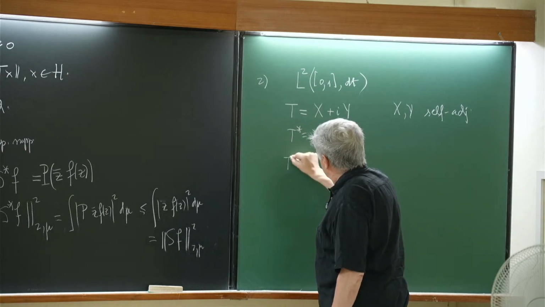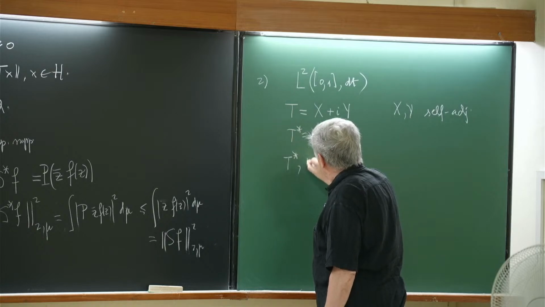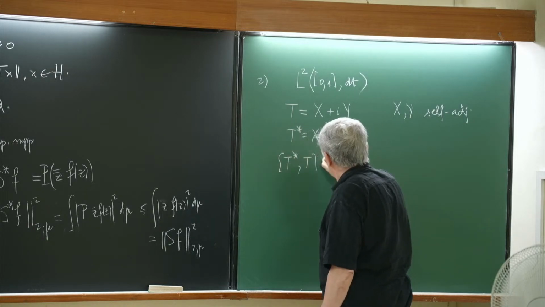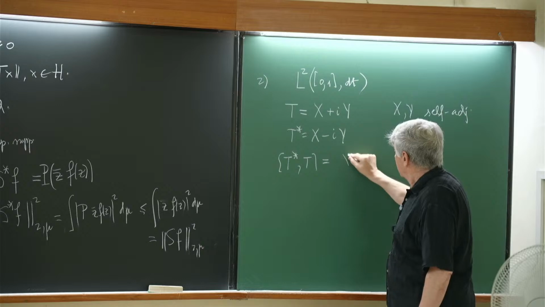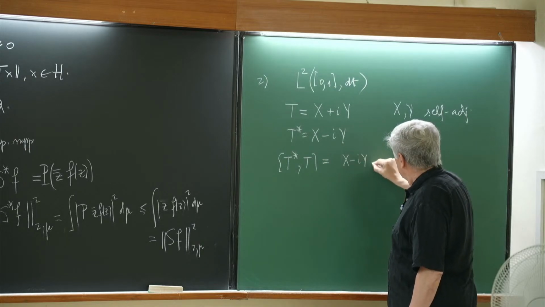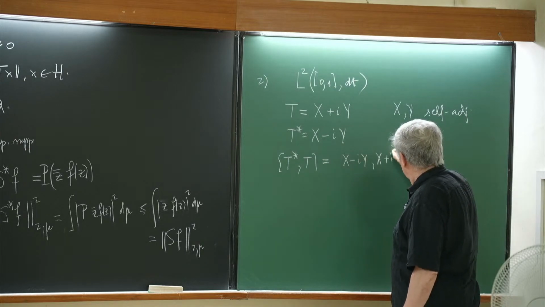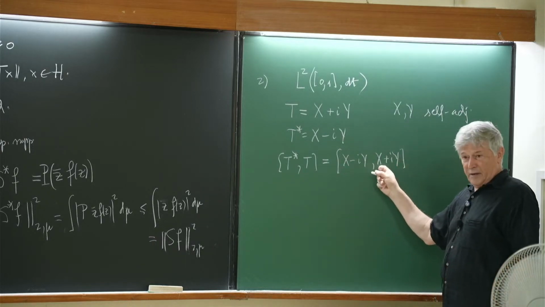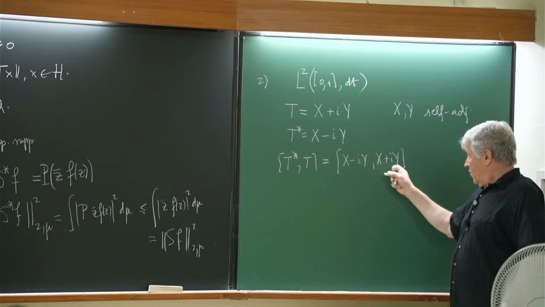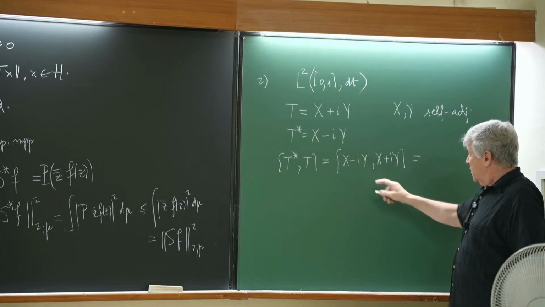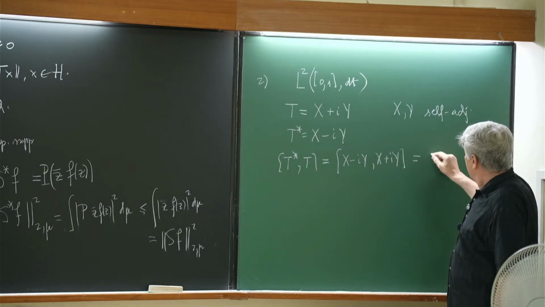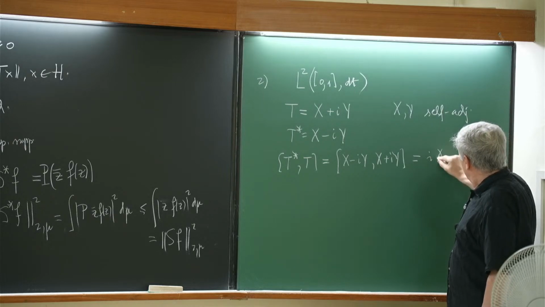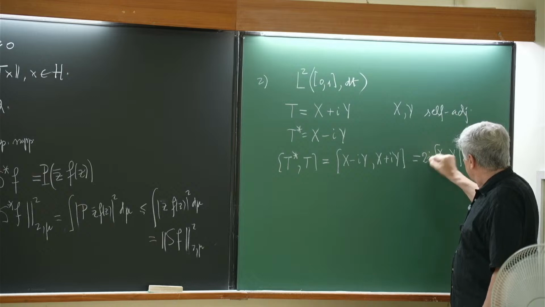So what is the self-commutator? X commutes with X, doesn't matter. Y commutes with Y. So what is left is only i times the commutator of X with Y, twice.